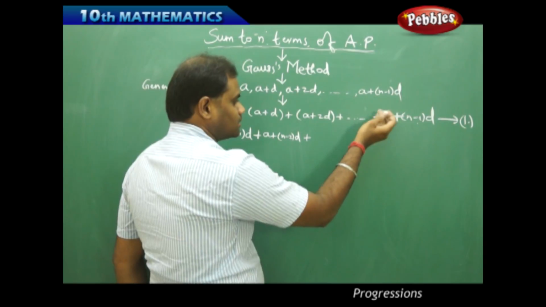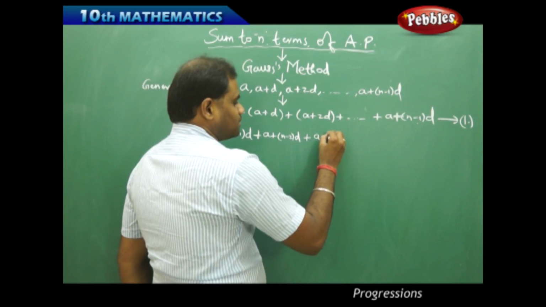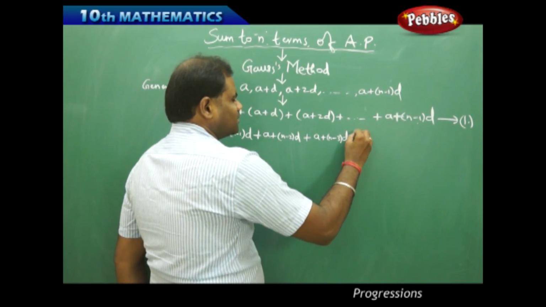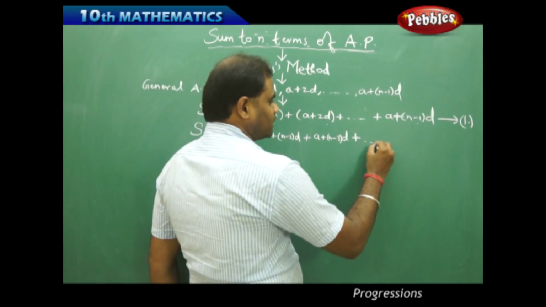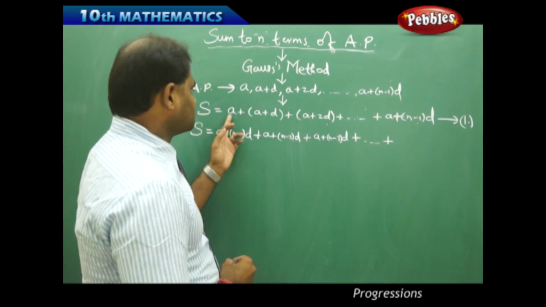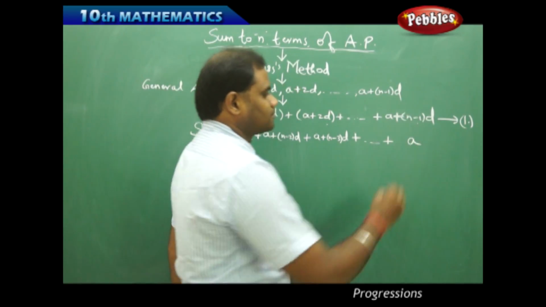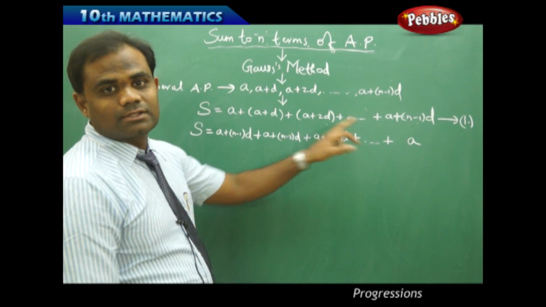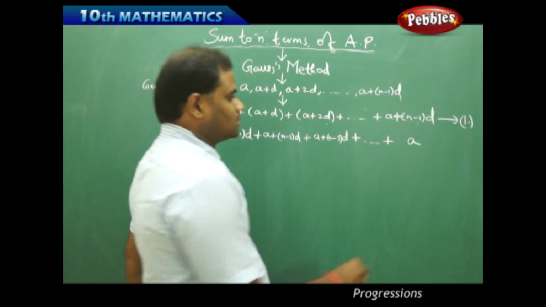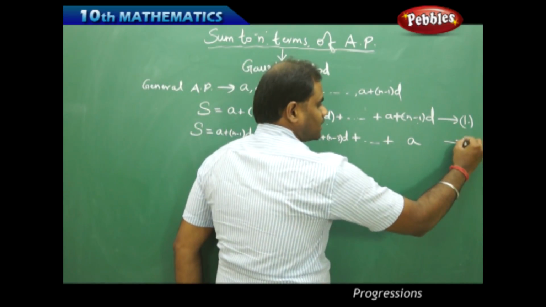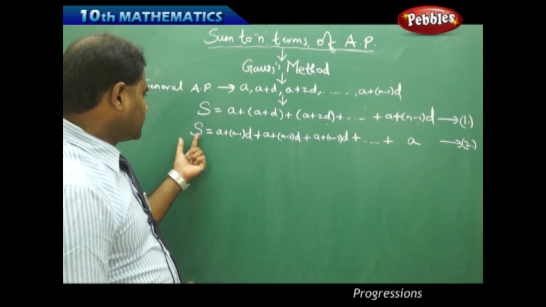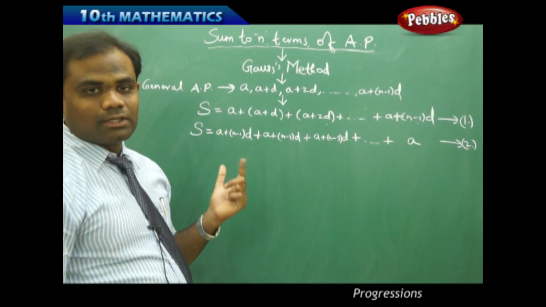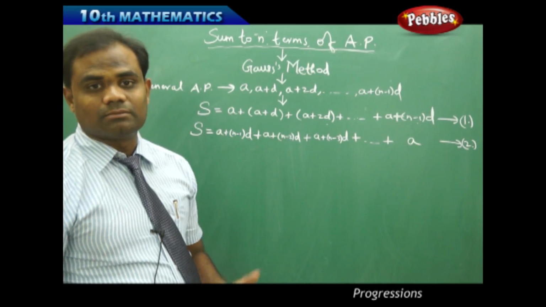Similarly, the third last term, a plus n minus 3 d, will be the third term, so that finally I get the last term here as a, because the first term comes out as the last term, and this is taken as equation 2. This is how I arrange S in the reversing order of equation 1.